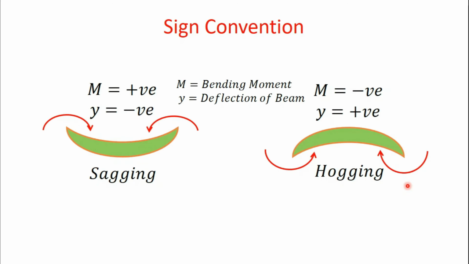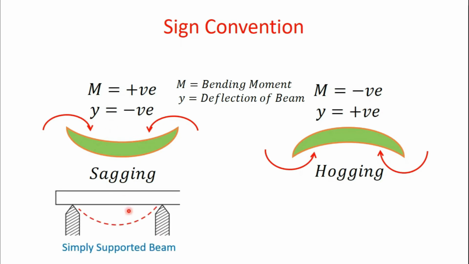Now before beginning, we must know sign convention, and we know that if the beam bends in such a way that concavity is upward, then this type of bending is called sagging, and this type of bending is taken to be positive, that is bending moment is taken to be positive, whereas the deflection in such a case is taken to be negative. And what type of bending do we have in sagging?